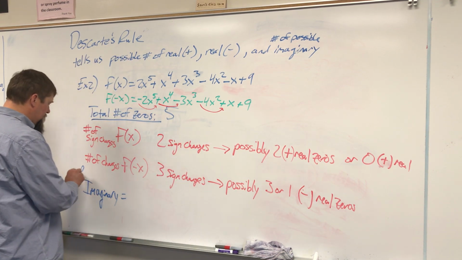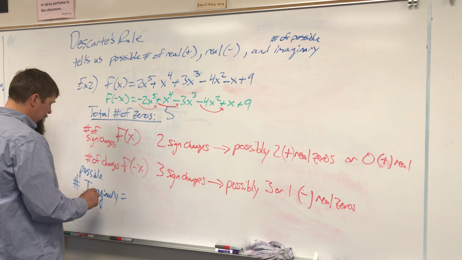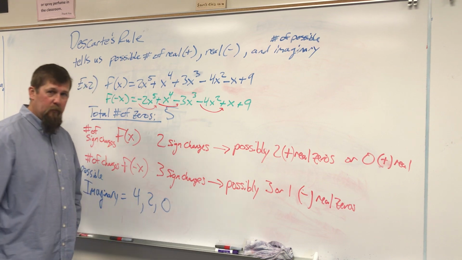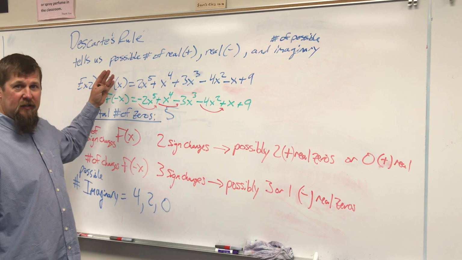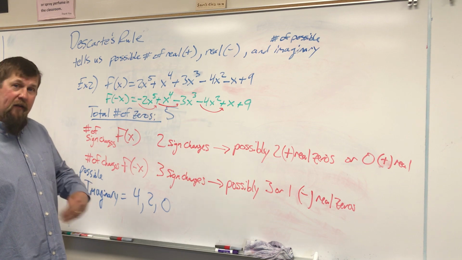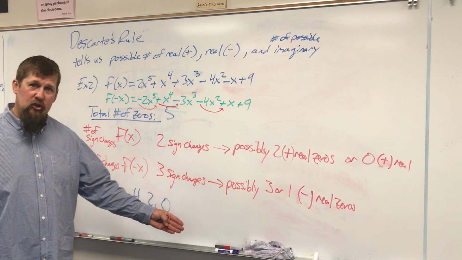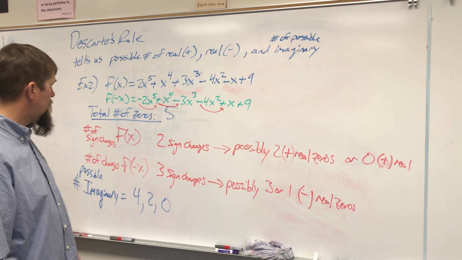So the possible number of imaginary, just by looking at this polynomial, is 4, 2, or 0. You can't have 5. Obviously I can't have 6, I don't have that many. But I could have 4 imaginary, 2 imaginary, or 0 imaginary. Again, those drop by 2 every time, and they have to be even or 0.